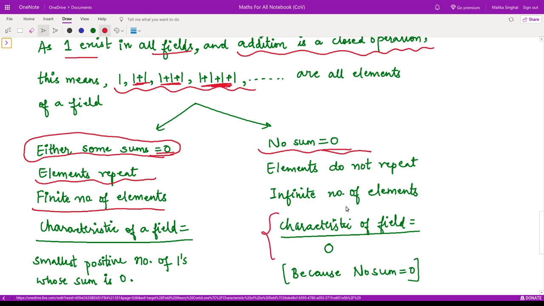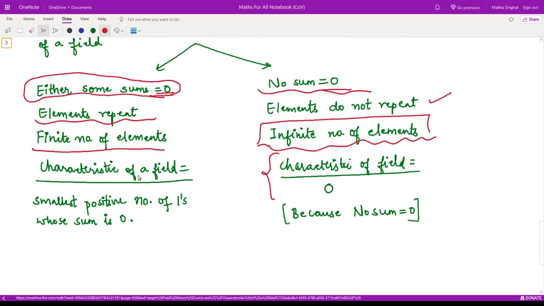There are infinitely many elements, because for every summation of ones you get a different number. You can do this infinitely many times, so the elements do not repeat, right?